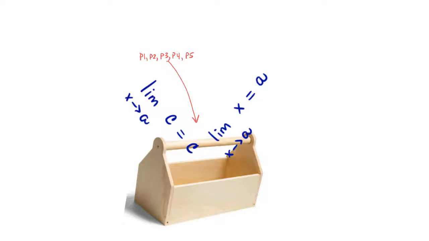And other tools that we have are the ones that we just discussed a few seconds ago. We now know that the limit as x approaches a of x to the n is equal to a to the n. And another tool that is going to go in here is the limit as x approaches a of x to the p over q is equal to a to the p over q. My goodness, if you think about it, our toolbox is already getting very, very rich.